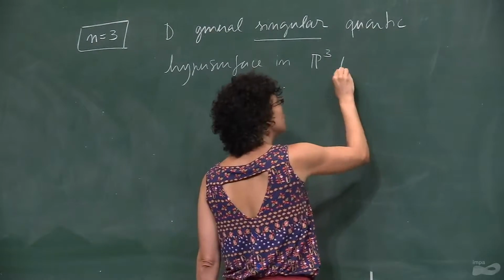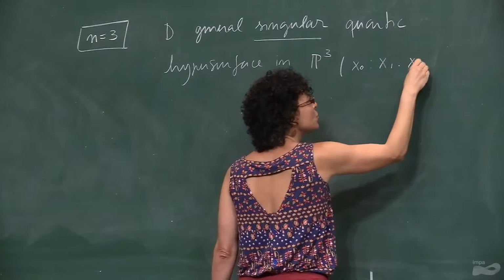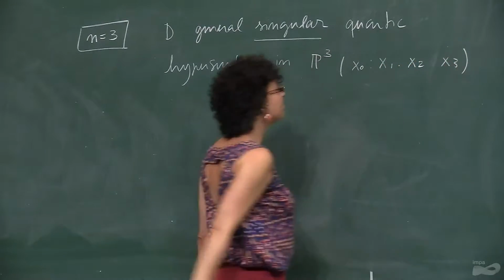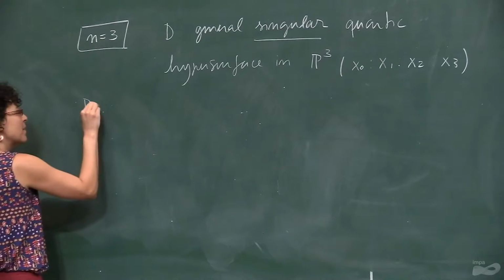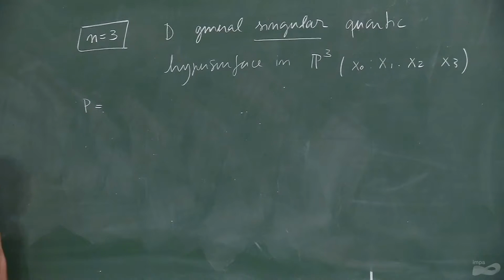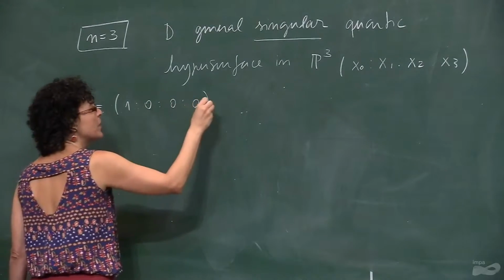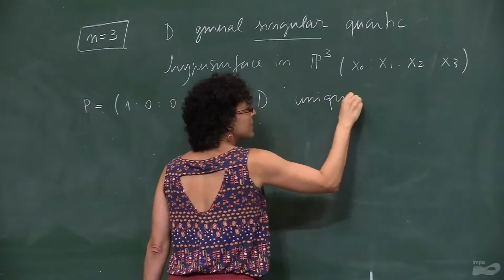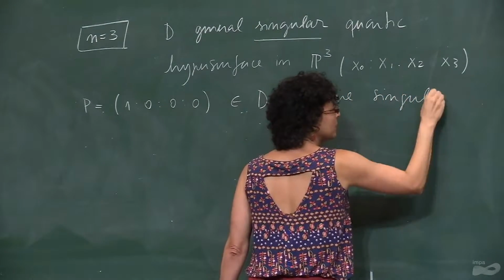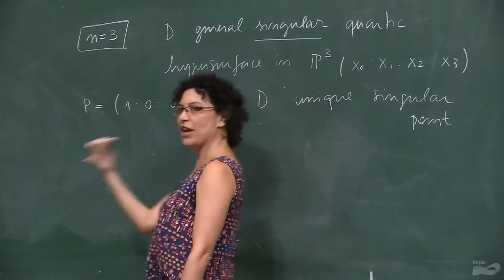Here I will use projective coordinates x0, x1, x2, and x3. After a change of coordinates, I may assume that the surface has one singular point at (1, 0, 0, 0). So this will be the unique singular point of D. This is the first degenerate case.